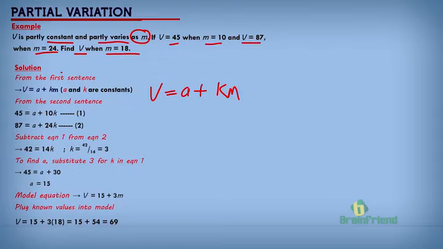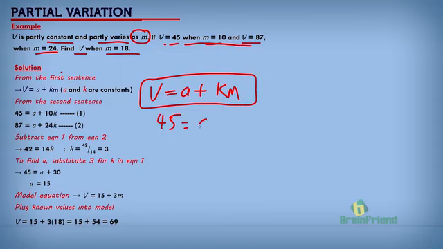Now, from the first sentence, we have values that we can input into this equation to get our first equation. All right? So we have V to be 45 is equal to A plus M, given as 10, so 10K. That's our equation 1. In the same sentence, we find also that V is 87, A plus M is 24.